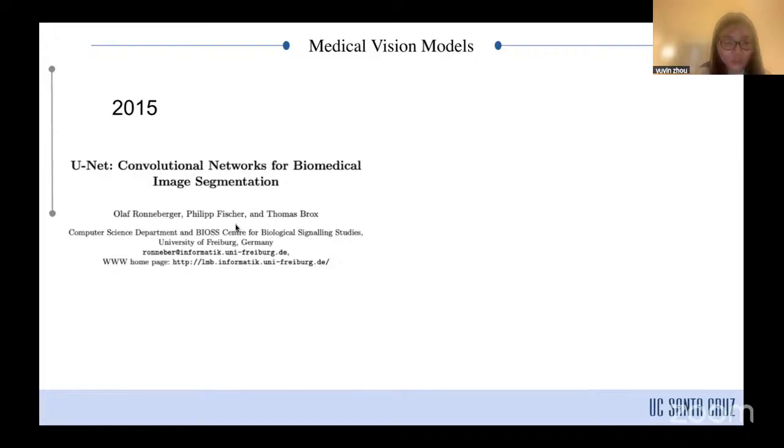And this was actually the beginning of the success of medical image segmentation. I'm sure many of you already know this architecture, but just to briefly recap, it basically uses a set of convolution layers and a U-shaped encoder-decoder architecture to do this segmentation task.